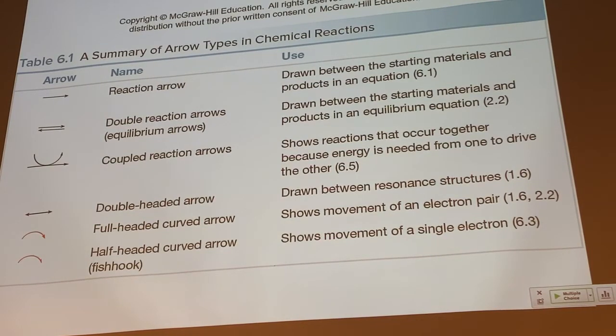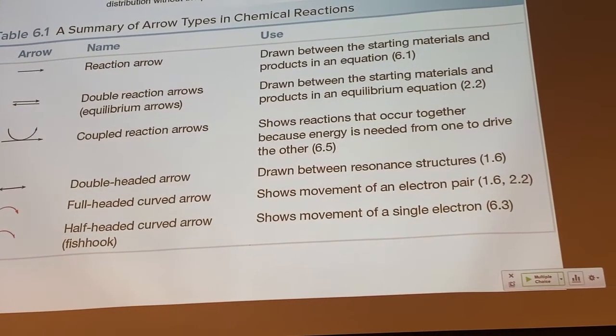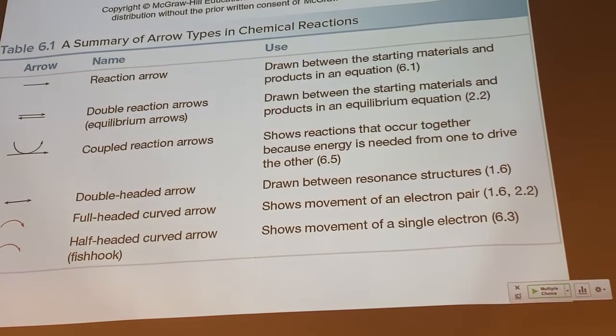We will also use them when we draw reaction mechanisms. And then we have our half-headed arrow, or our fish hook, that we use to show the movement of a single electron. We'll see those primarily in chapter 15 when we are studying radical reaction mechanisms. Okay? Any questions on our types of arrows that we encounter in organic chemistry?